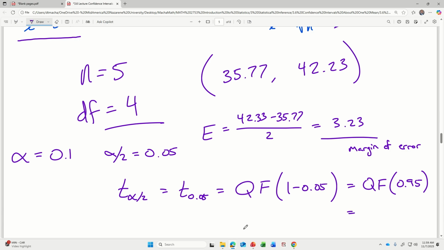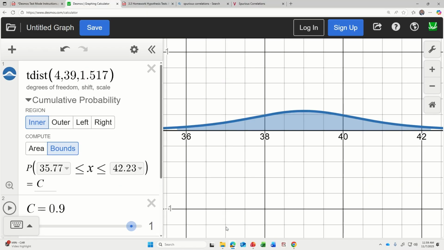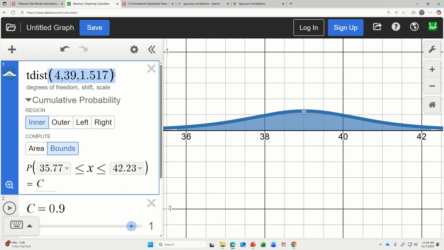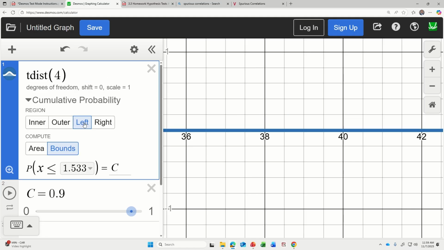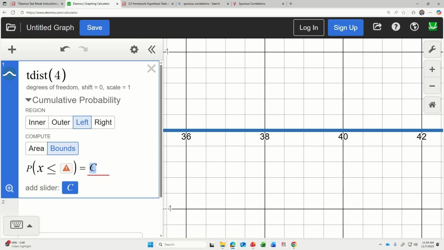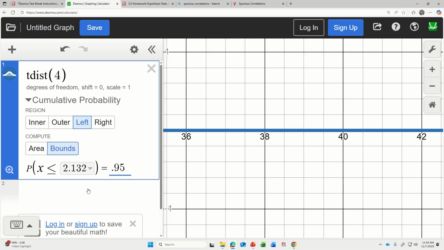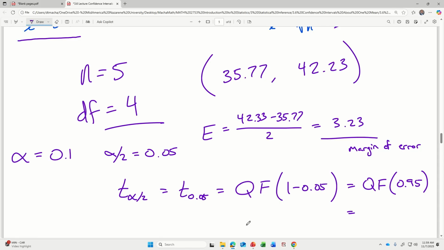I would take the t-distribution with 4 degrees of freedom, click left, and then put in 0.95 for the bounds. So it's 2.132. Do we not have a quantile one?